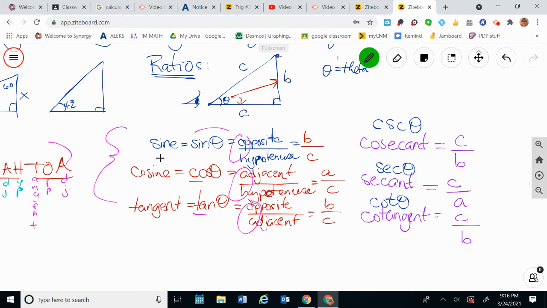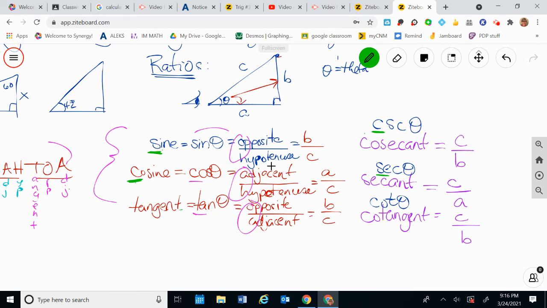You would think S would go with S and C would go with C, but it's the opposite. The sine that starts with S, the inverse is cosecant. The cosine that starts with C, the inverse is secant. S goes to C, C goes to S. It's counterintuitive, and cotangent's obvious. Thank goodness something is obvious.